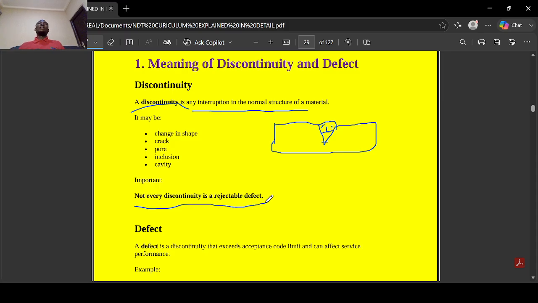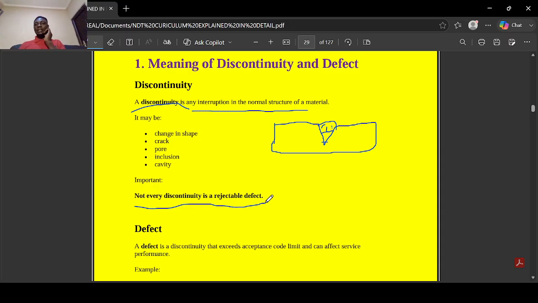Why can't that scratch break down the vehicle? Both of them are discontinuities, but one is more dangerous than the other. The same thing goes with discontinuity: when it becomes dangerous to the material in question, or if it's beyond the acceptable limit, it becomes a defect.